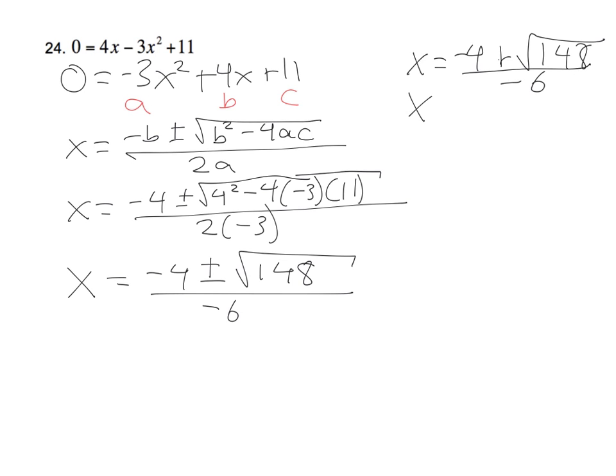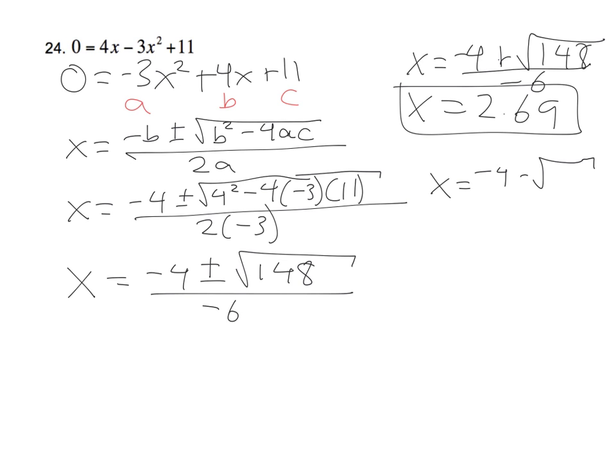So that gives me an answer of x equals 2.69. The other possible answer is going to be x equals negative 4 minus the square root of 148 all over negative 6. And so I get an answer there of x equals negative 1.36.